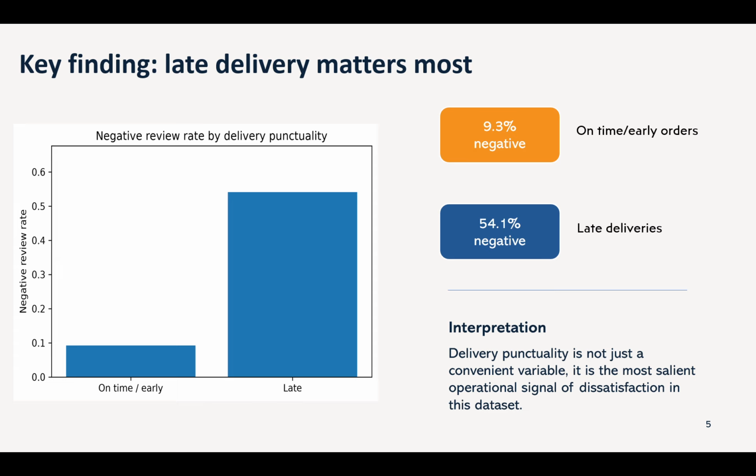This shows that delivery punctuality is a major factor in customers' dissatisfaction. It also supports the idea that operational features can help predict negative customer experience.